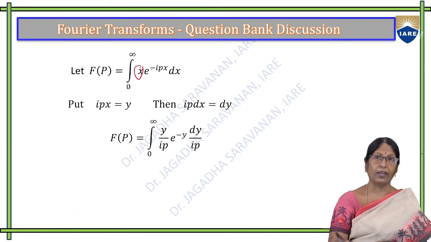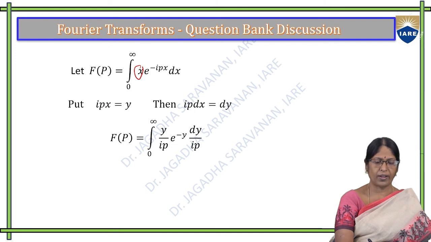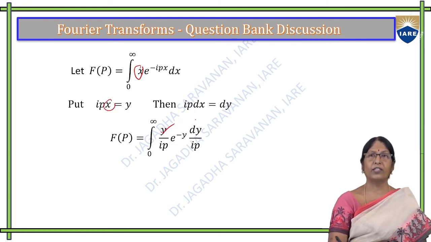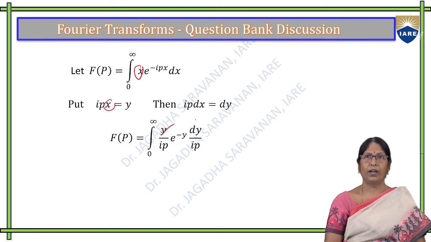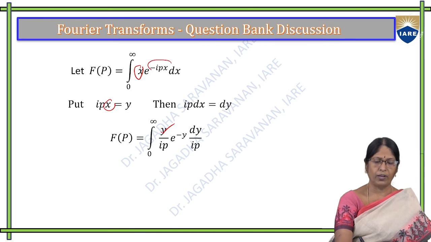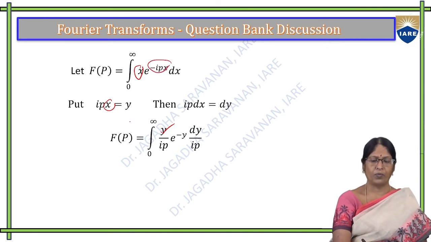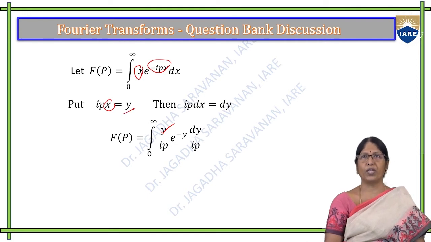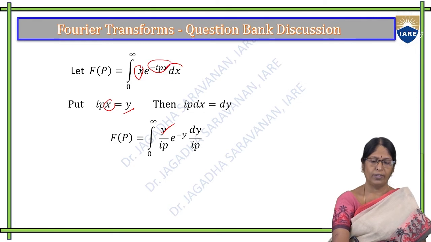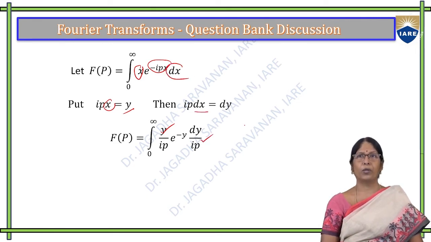This x we extracted, it is nothing but y by ip, and e power minus ipx, where we assumed ipx as y, so e power minus y. The dx is nothing but dy by ip.